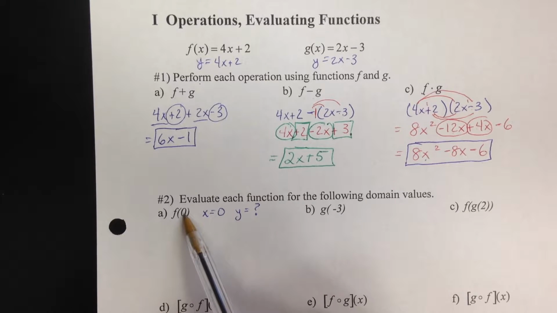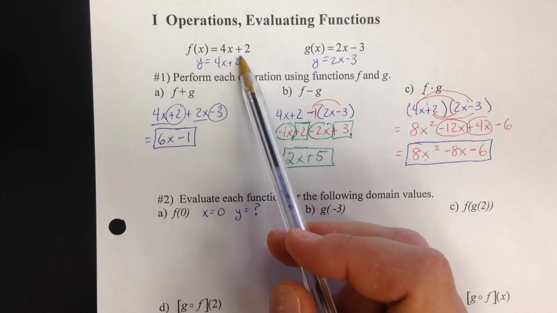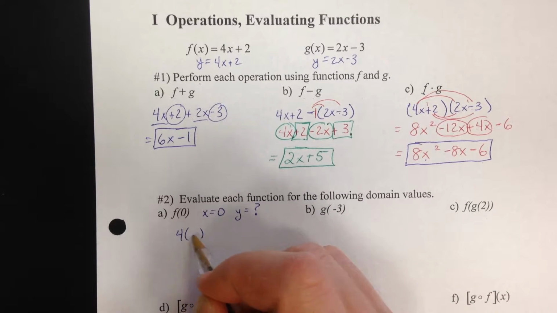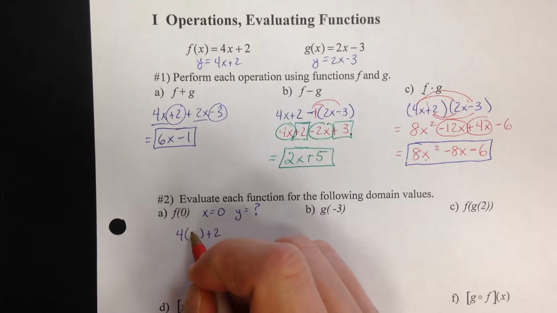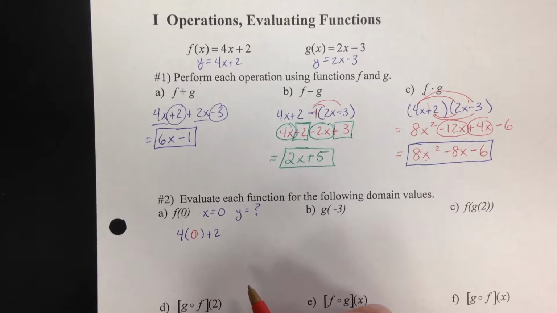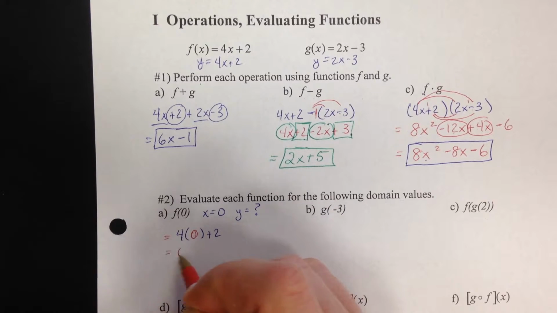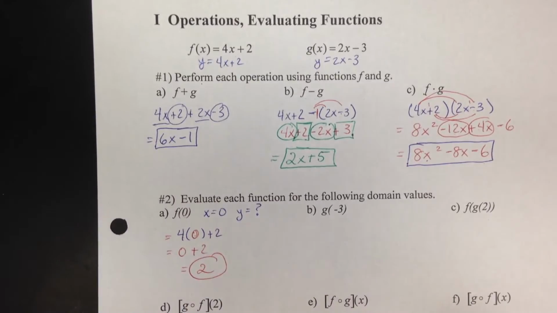So if they give you a domain value, in this case f of 0, I'm going to take the f function, which was 4x plus 2, and in place of the x, I'm going to substitute the domain value, the x value, which is 0. And then we evaluate. Okay, we work it out. So 4 times 0 is 0 plus 2, and we get positive 2. That's it.